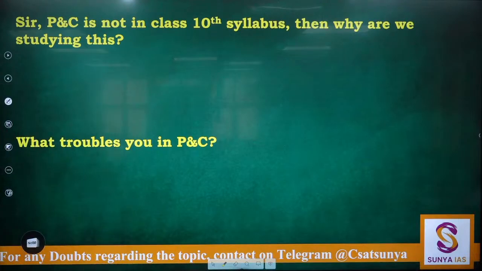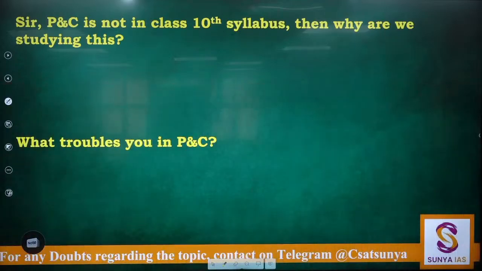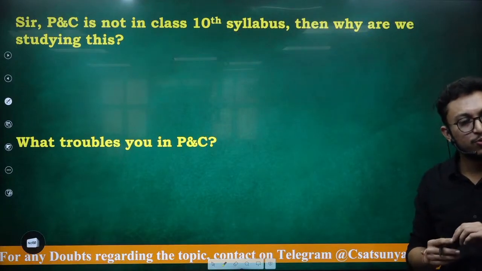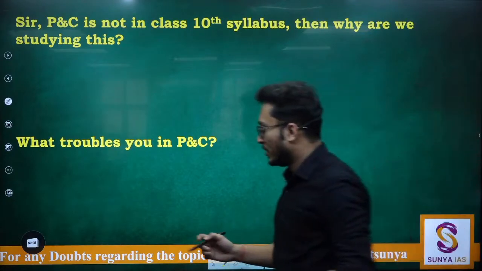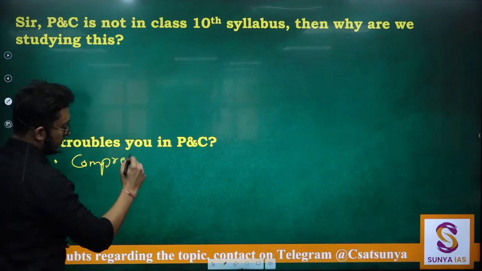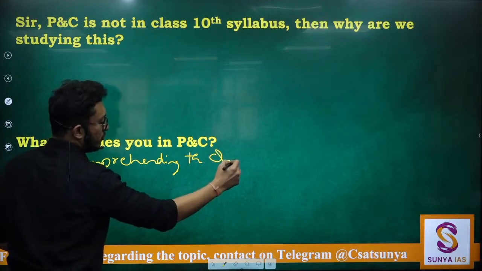What troubles you in PNC? Online people, I'll be seeing all your comments as well. किसी को दिक्कत नहीं होती क्या permutation combination में? Not able to understand, comprehend ही नहीं कर पा रहे हैं, and then confusing what?